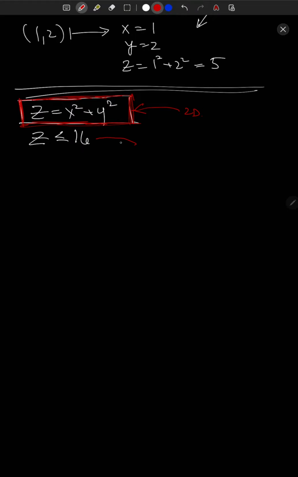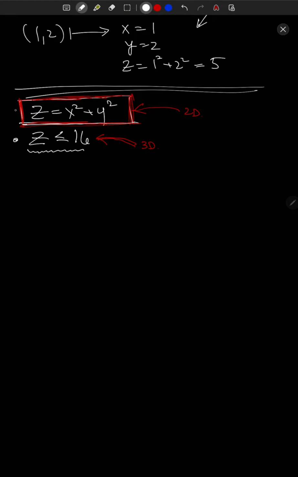Now this guy here, z less than or equal to 16, is not a surface, by the way, because when z is less than or equal to 16, it's a chunk of space, everything in space where the z coordinate is less than or equal to 16. So this is actually a three-dimensional object. What we're working with right now is the part of the two-dimensional object that lies within this three-dimensional object.